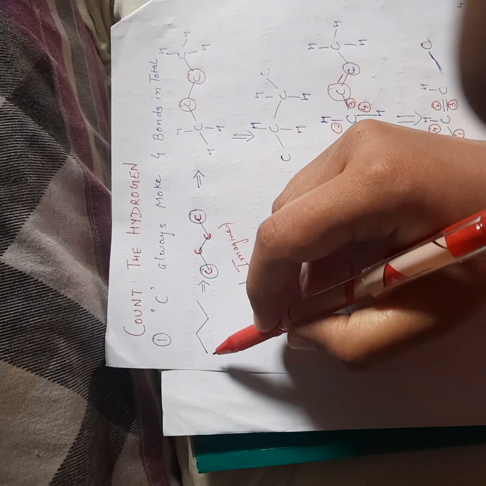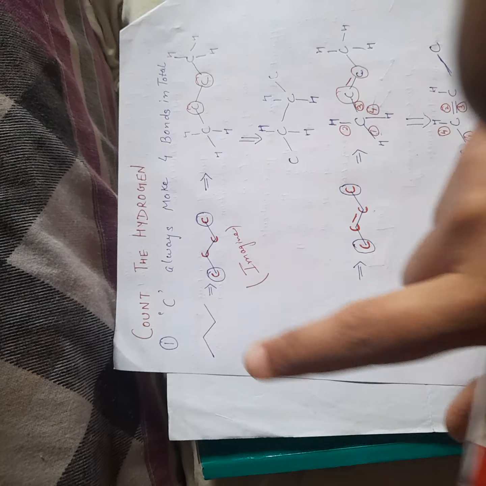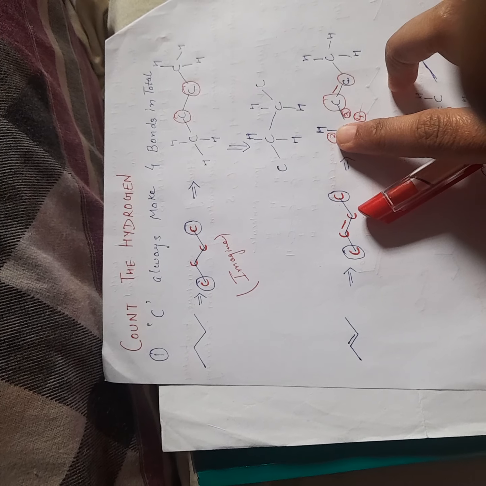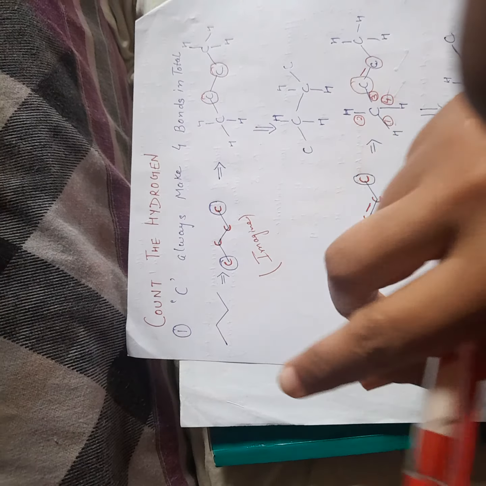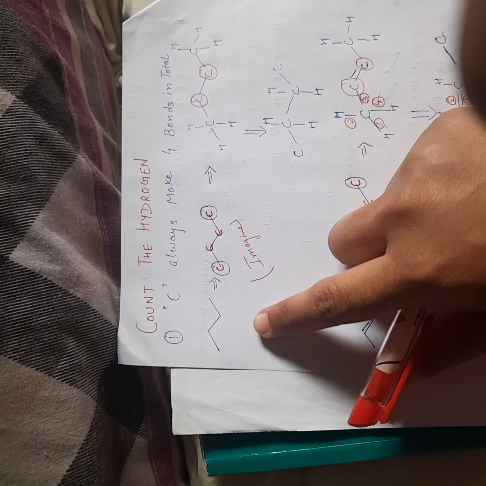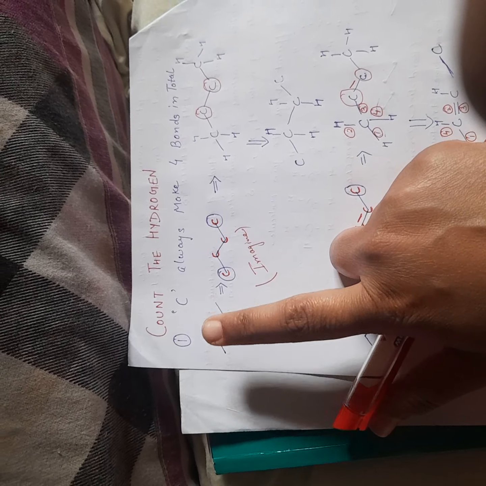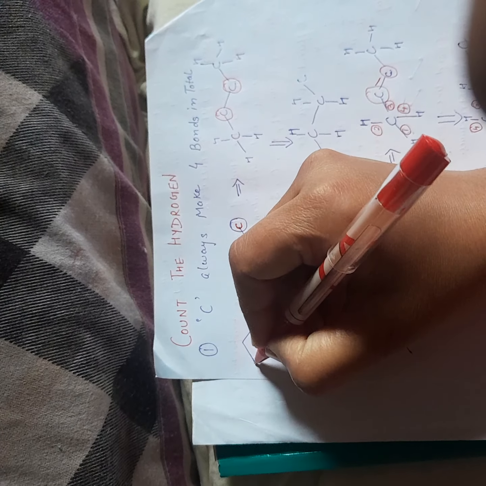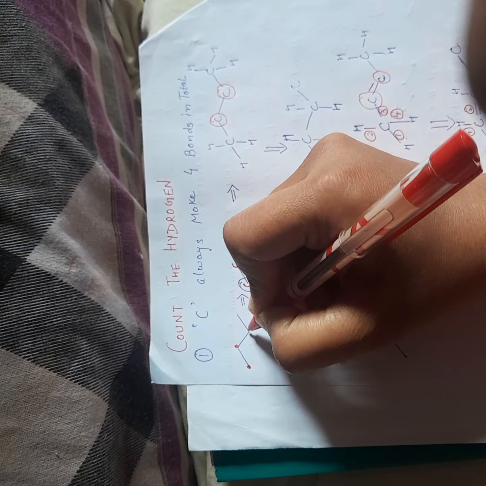So whenever they give you such a structure, you can directly assume that there is no oxygen, nitrogen, or any other kind of atom present. There are only carbons and hydrogens in this type of molecule. So our journey becomes easy. Now we have to first locate our carbons.